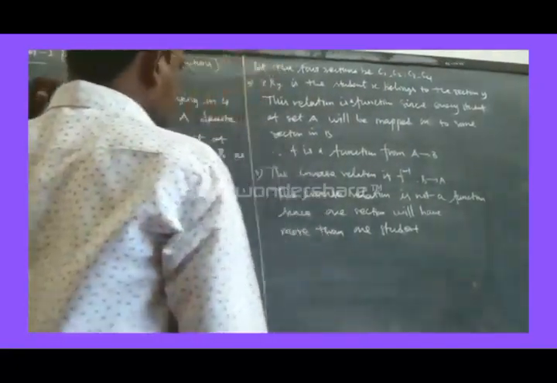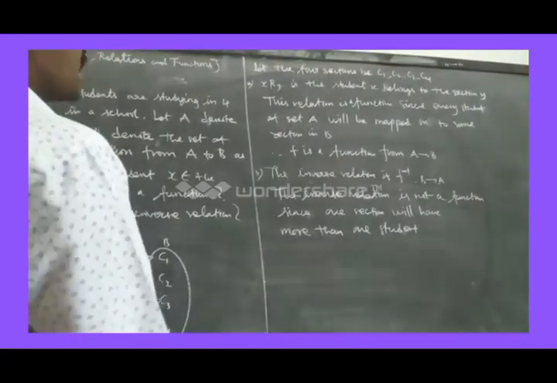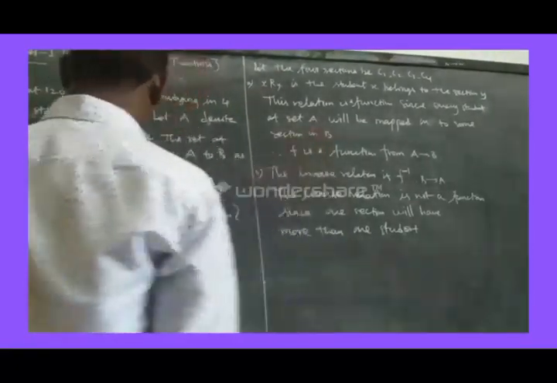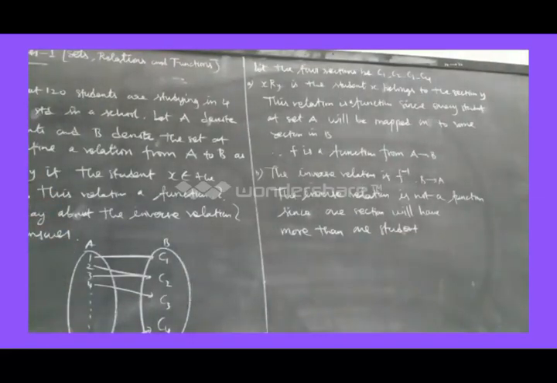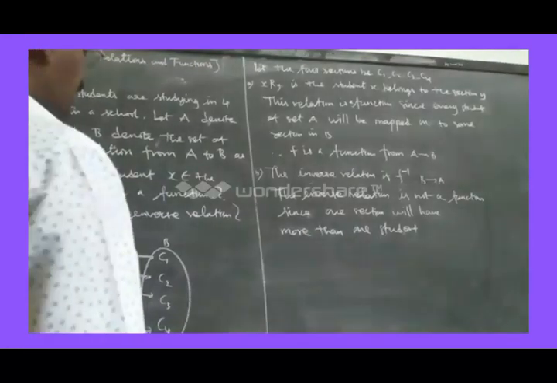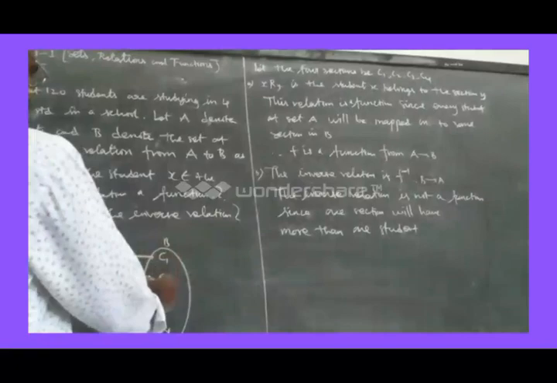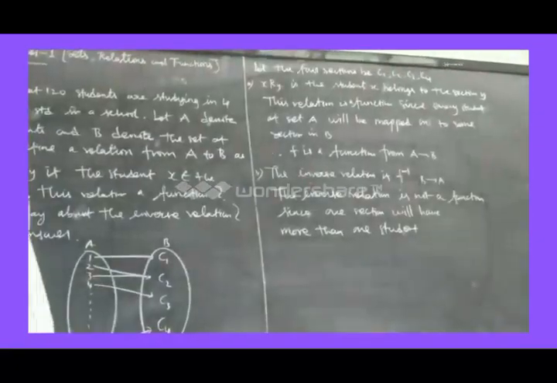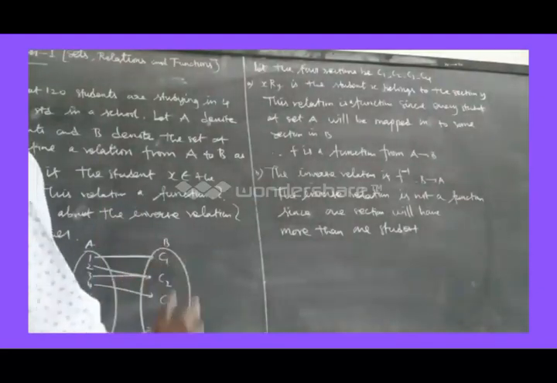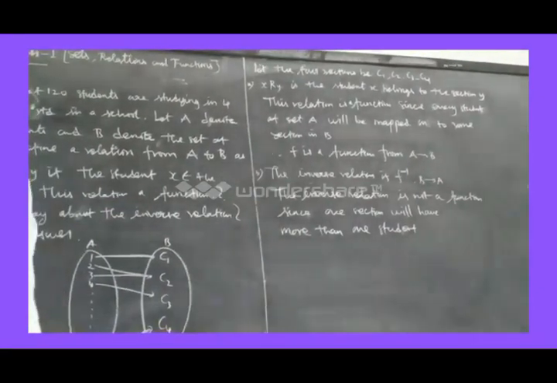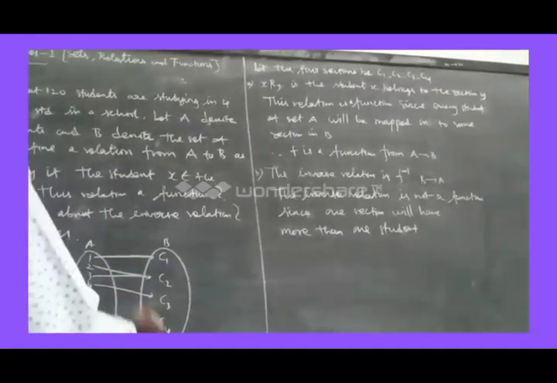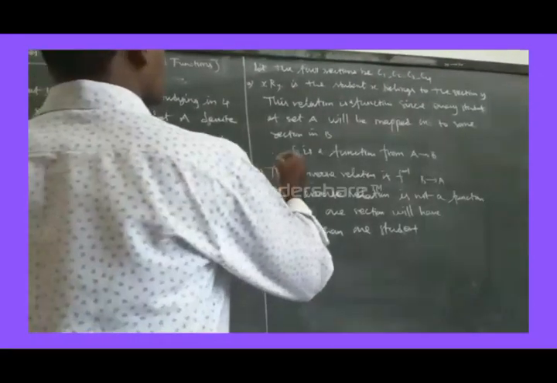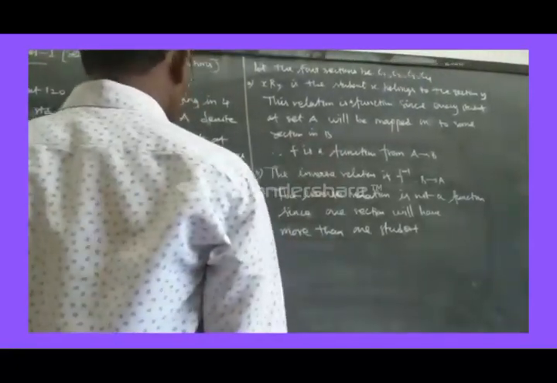This relation is a function, since every student of set A will be mapped onto some section in B. f is a function from A to B. So A will be all students, and we select any one section for each.